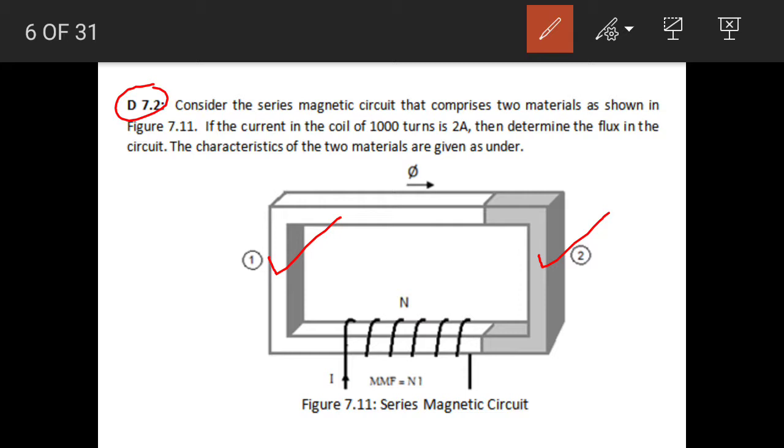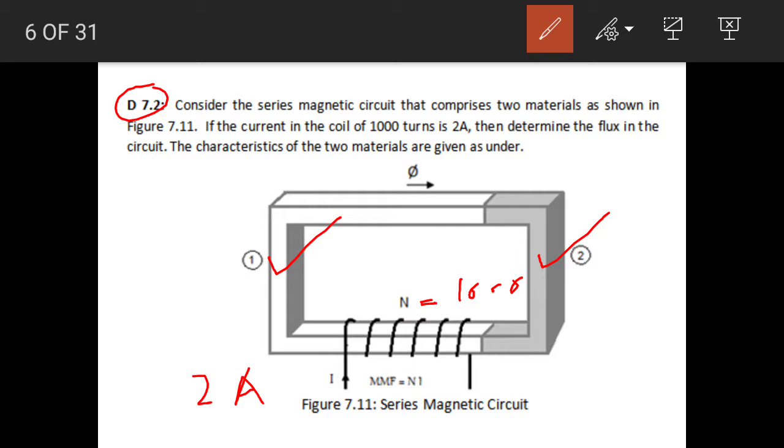As shown in figure 7.11, the coil has 1000 turns, so N in this case is 1000, and the current in the coil is 2 ampere. Determine the flux in the circuit.